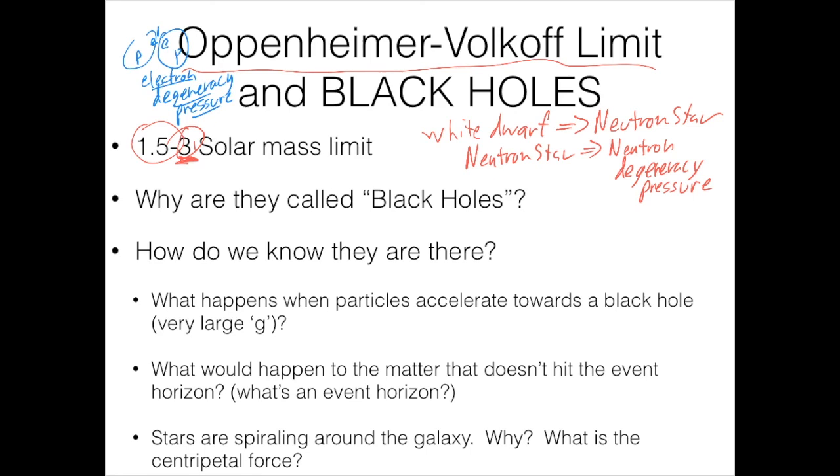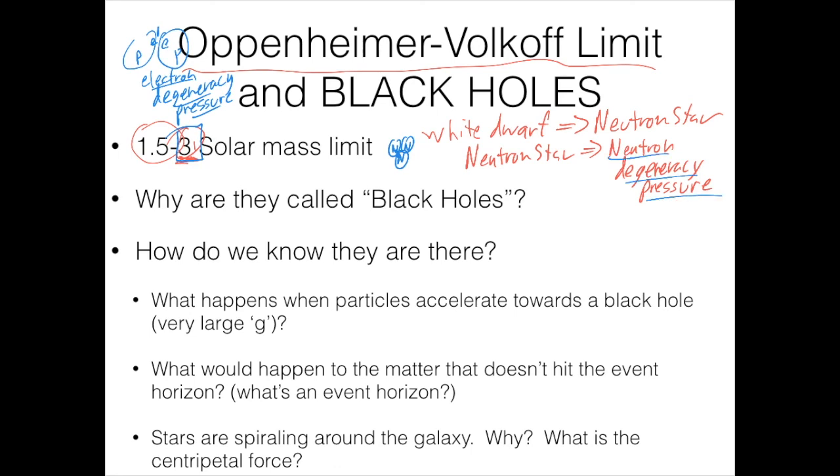If it's so big, still 3 solar masses, if it's so big that gravity continues to cram those neutrons together, well, you know what? Those neutrons, they don't like being in the same place as each other either, right? If you pull so hard that these neutrons start to be pushed together and start to overlap or combine, then the neutrons give up. The neutron degeneracy pressure is overcome.